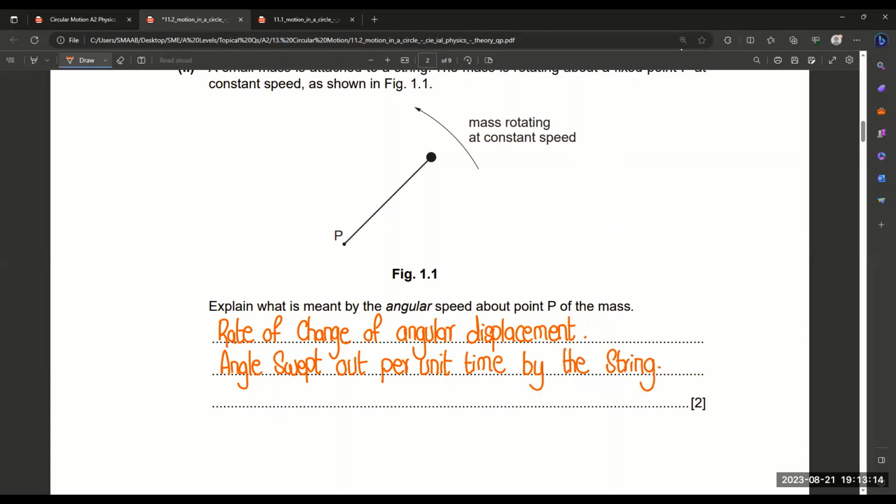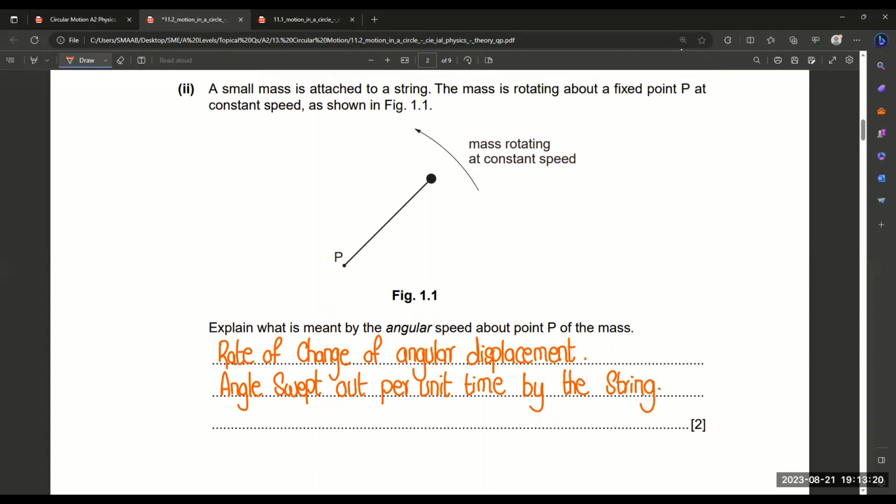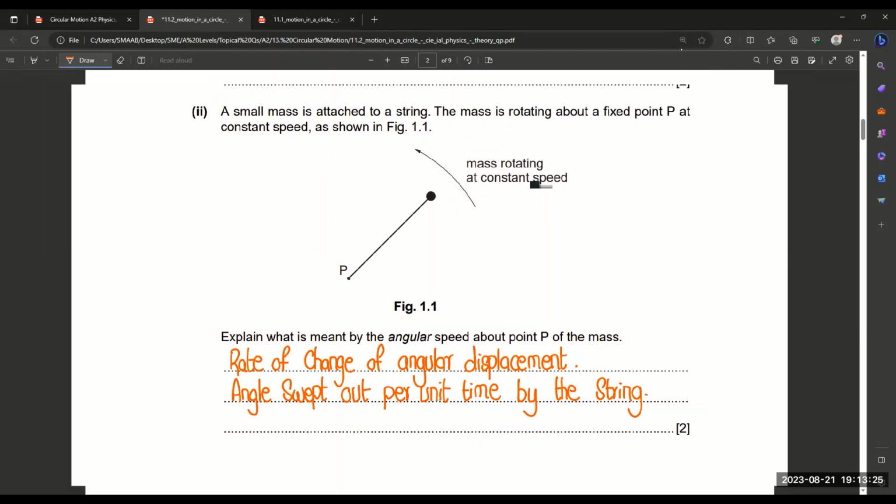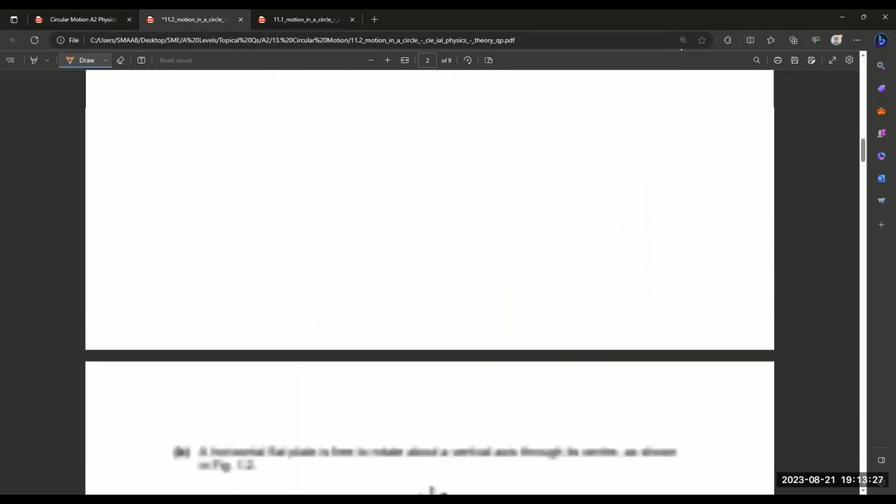Okay. So the first one is the general conceptual definition, and the second one is related to the diagram. So this is the second part.